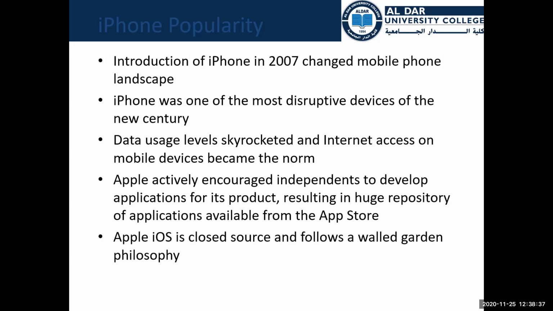The levels of data use have skyrocketed. Skyrocketed means very high levels of data usage, and internet access on mobile devices became the norm. So after the popularity of iPhone, most people started to divide the work between PC and iPhone.